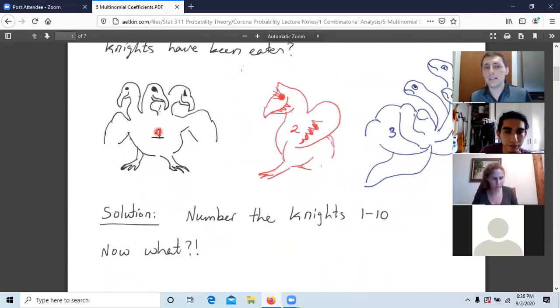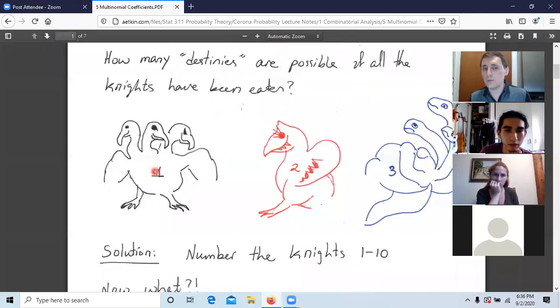This dragon takes 3 knights, the second takes 3 knights, the last takes 4 knights. You have to distribute the 10 knights among them in the following way: 3, 3, and 4. Good? And destiny here just means which particular knight groupings go to which particular dragons. That's what I mean by destiny.